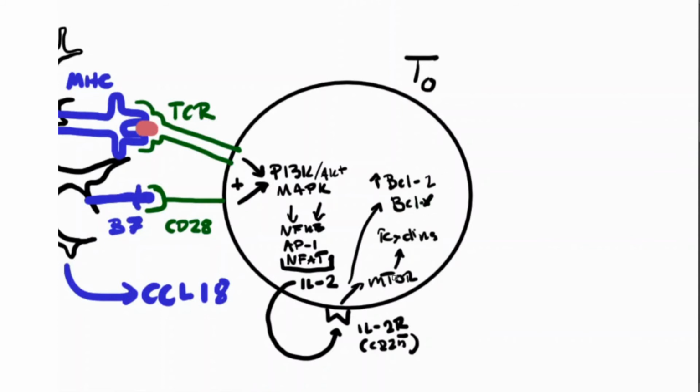So now basically the cell is able to proliferate quickly and not die, thanks to the IL-2, which in part comes from all of these signaling pathways.